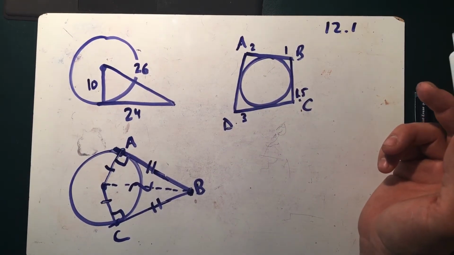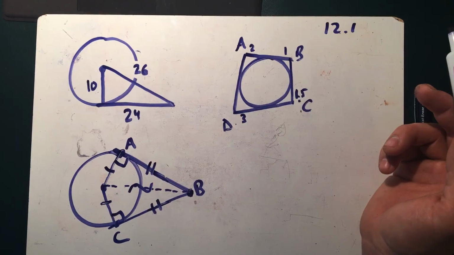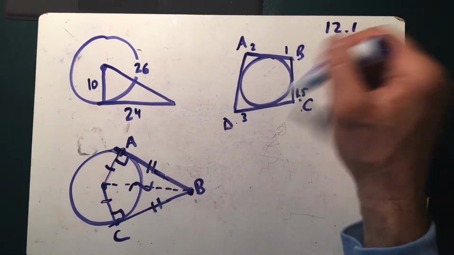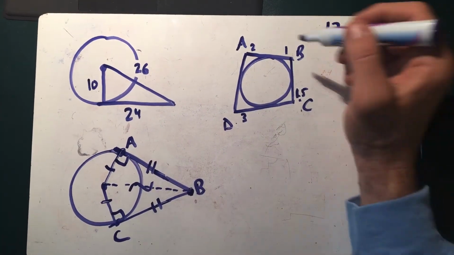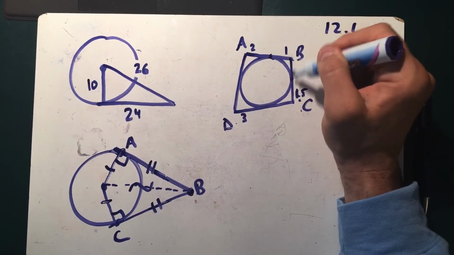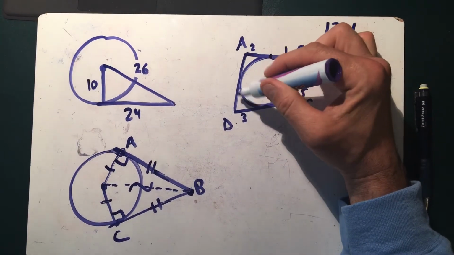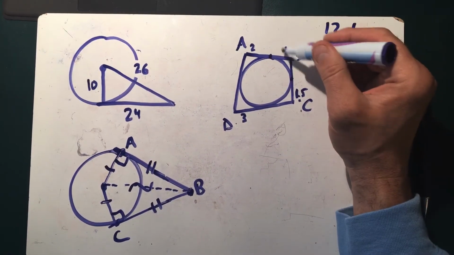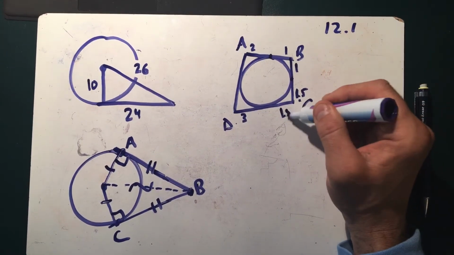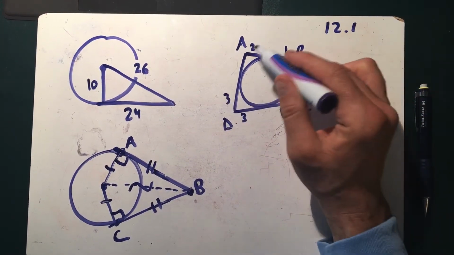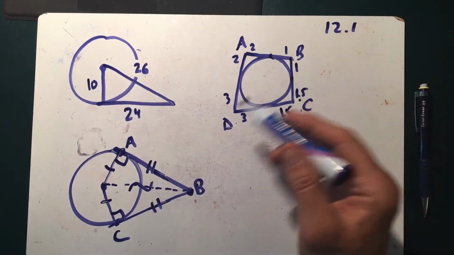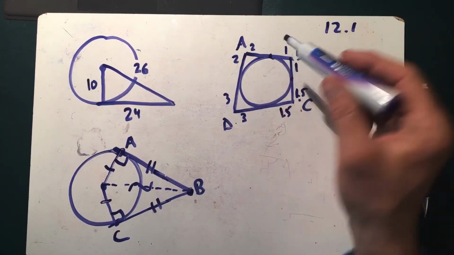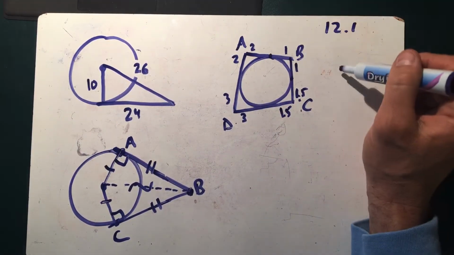There's no way. I can't do that. I only have half the numbers. But since you know that that's a tangent, these are the same, these are the same, these are the same, these are the same. So these are both 1, these are both 1.5, these are both 3, these are both 2. So obviously 4 plus 2 is 6.